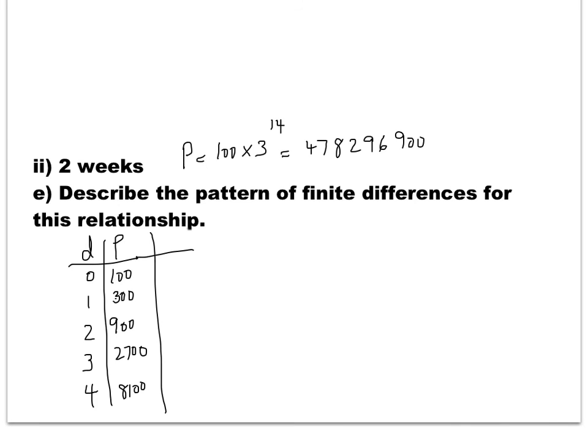The last part of the question says describe the pattern of finite differences for this relationship. The first difference is 300 minus 100 is 200, 900 minus 300 is 600, 2700 minus 900 is 1800, and 8100 minus 2700 is 5400.